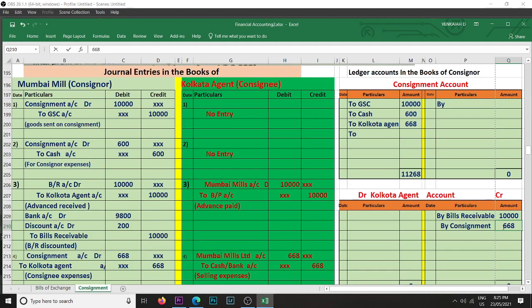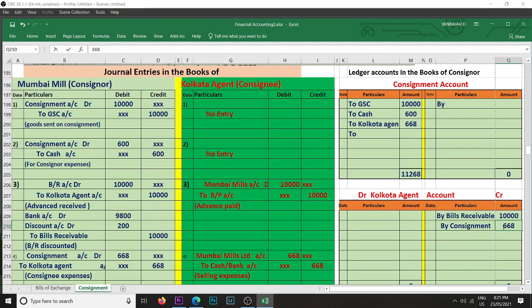So this amount will be paid by consignee to consignor, Mumbai Mills account. So this consignee account with consignor account will be closed. 263.